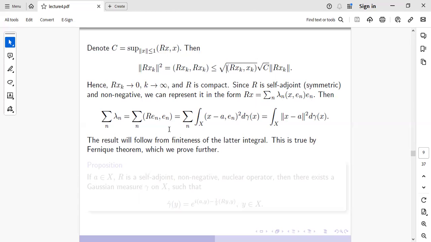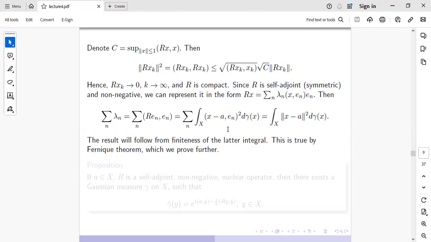So the sum of lambda is the same as the sum of Ren, which is the following integral. Now, if we write the sum under the integral, we get the integral of norm x minus a squared.